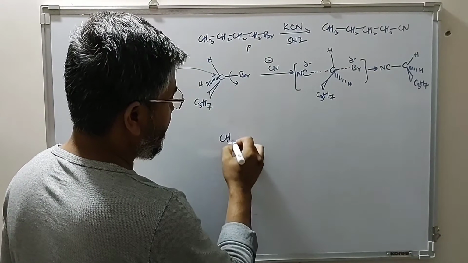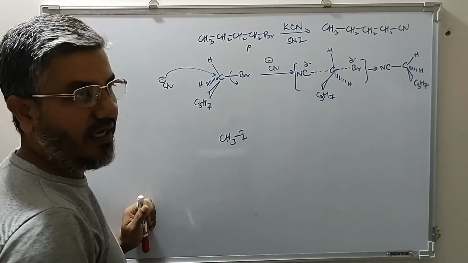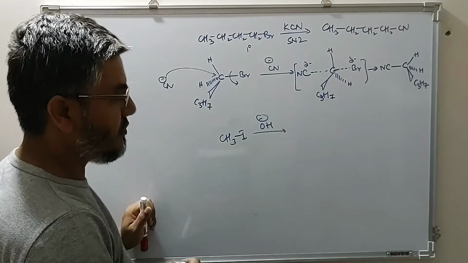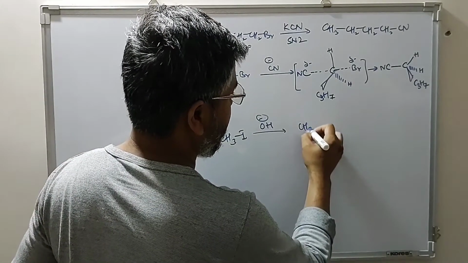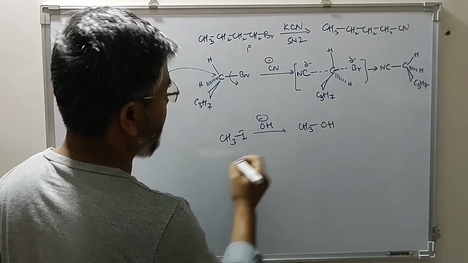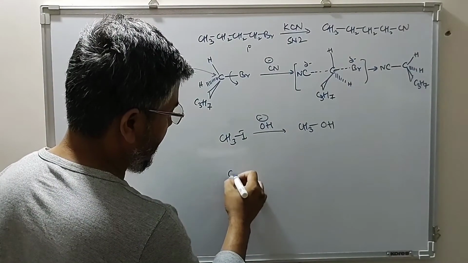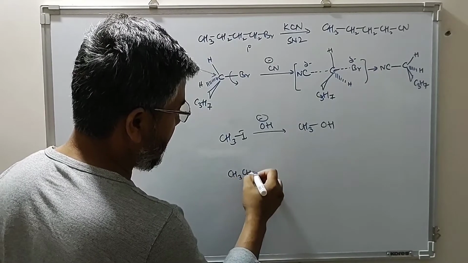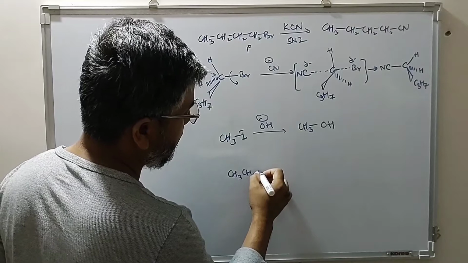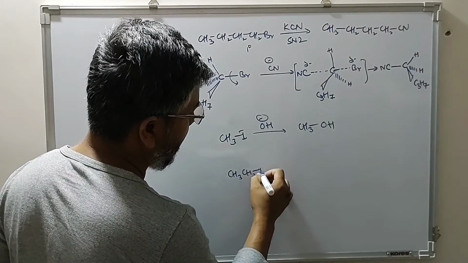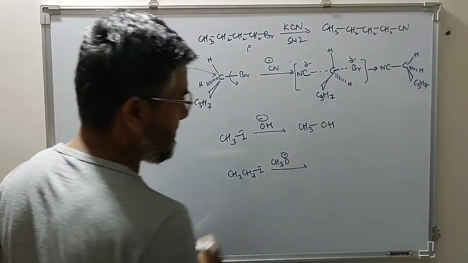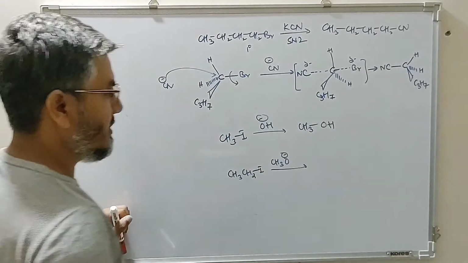Look at this. We have CH3I, methyl iodide. This reacts with OH minus, hydroxide ion, which gives you CH3OH. Similarly, look at this. We have CH3CH2I reacting with CH3O minus, methoxide ion.